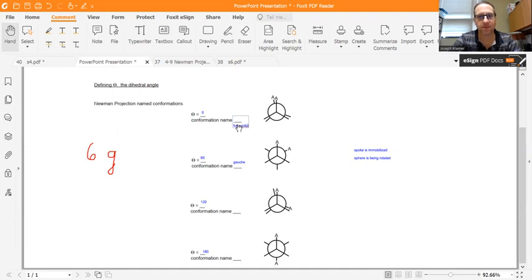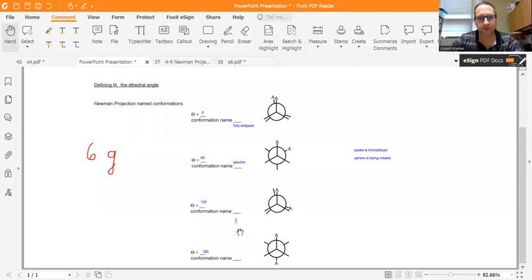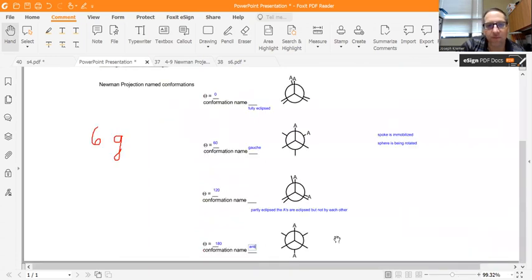Fully eclipsed: one A is in front of another A. This is partly eclipsed: the A's are eclipsed, but not by each other. And 180 degrees, anti. They can't get any further apart than that, can they?